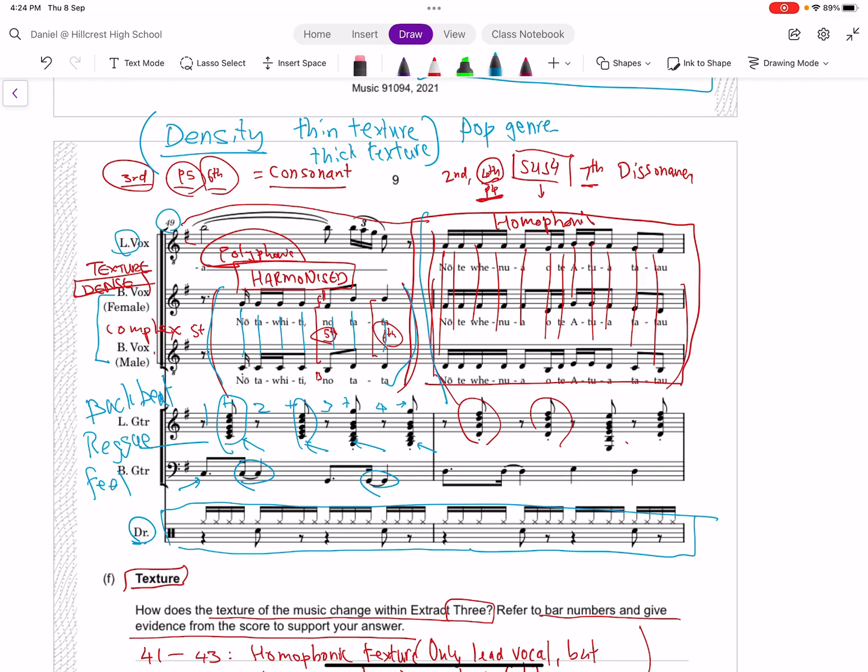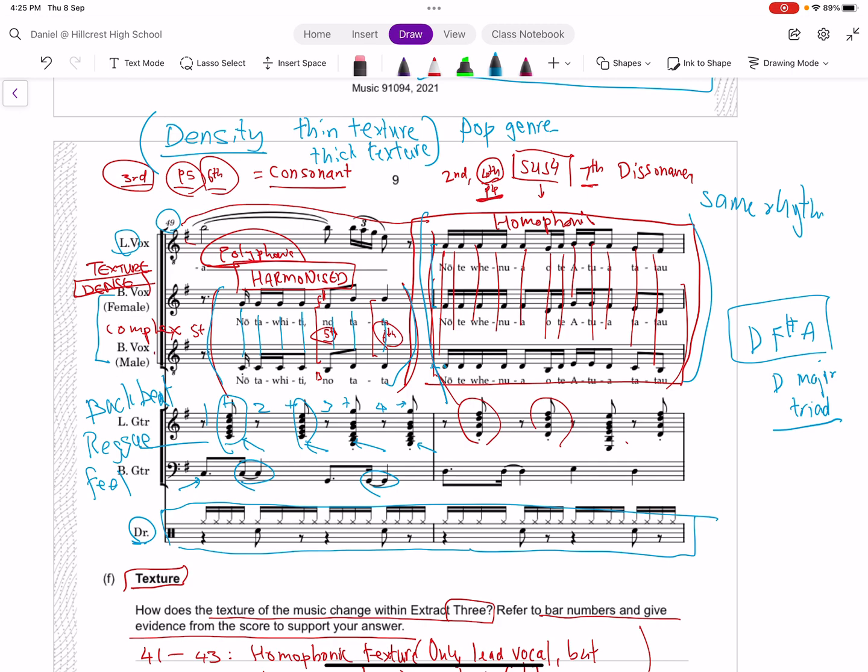Here we can see it's thicker because all three voices are singing the same rhythm, and it creates that sense of harmony. Look at that. F sharp, A, D. Ooh, that's a D, F sharp, A, which is your D major triad.